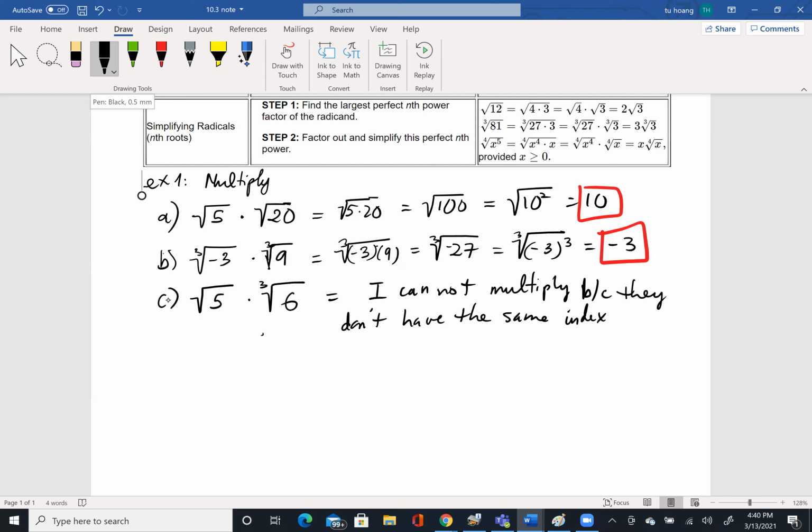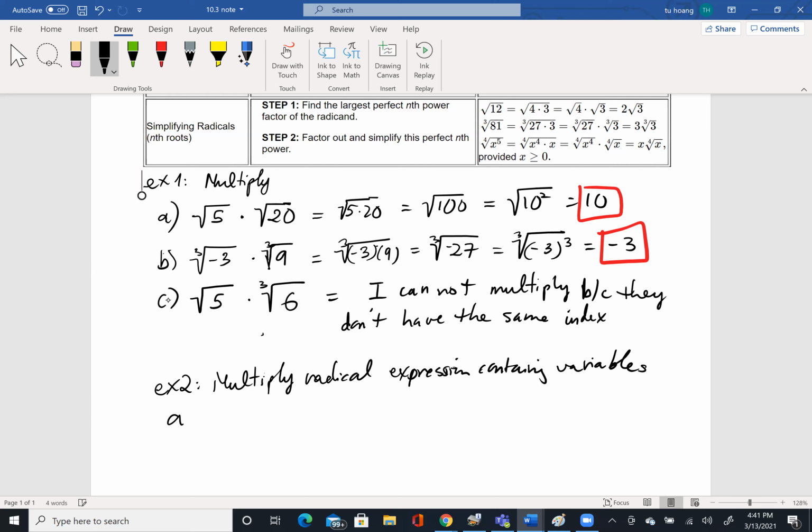Okay, so let's move to example number 2. Multiply radical expression containing variable. Okay, so A, let's say square root of x multiplied by square root of x to the power third.